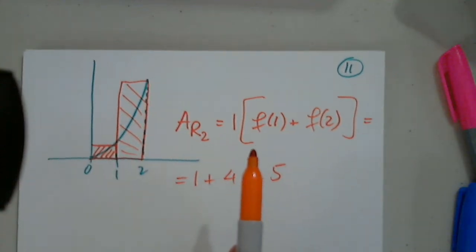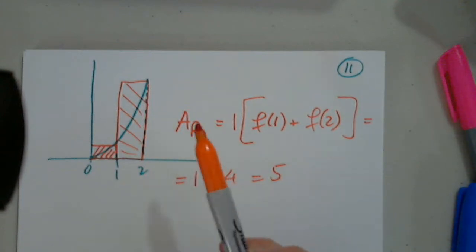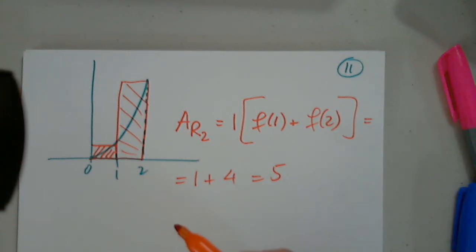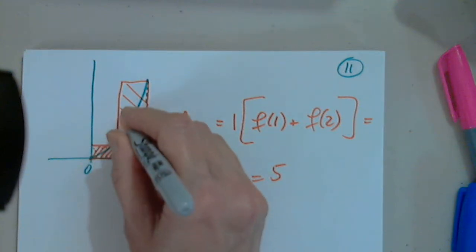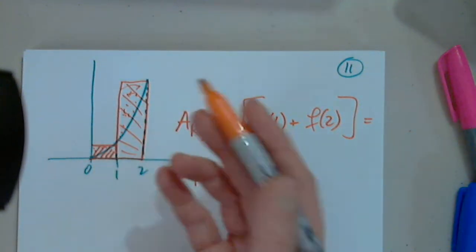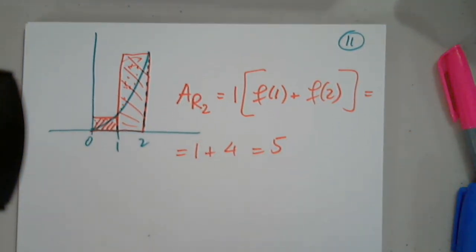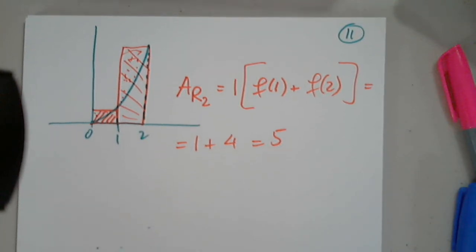This is not always going to be the same for all functions. For this one, the rightmost point, does it give an overestimation or an underestimation of the actual area? Overestimated. Grossly over. It's way above. Okay, let's look at the last one with the midpoint.